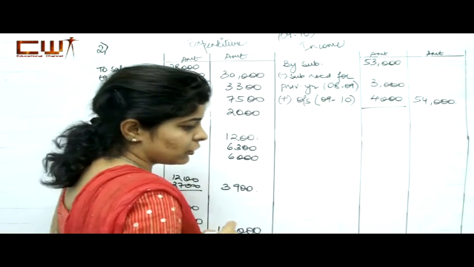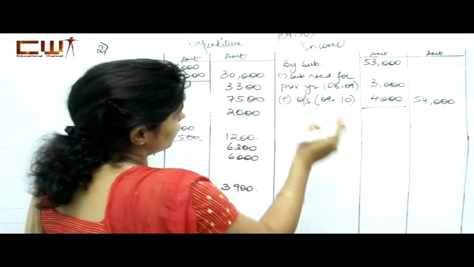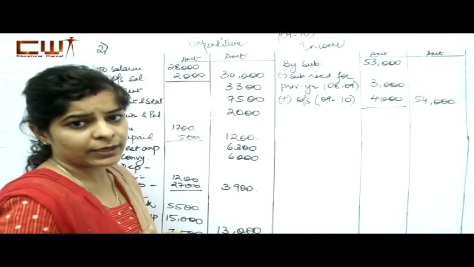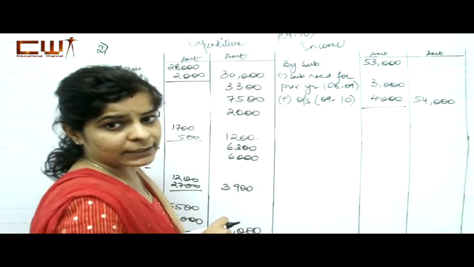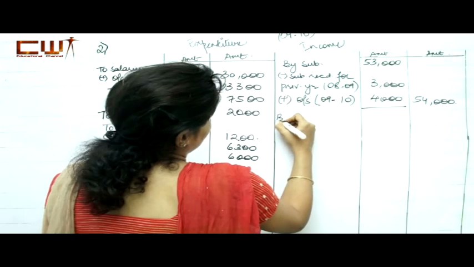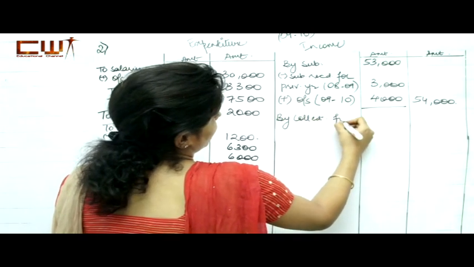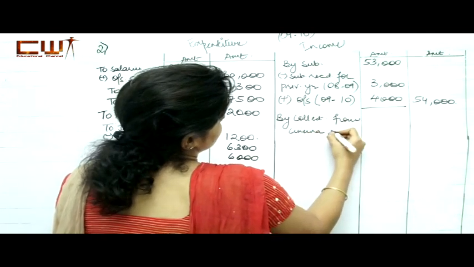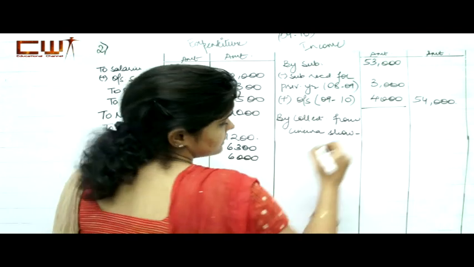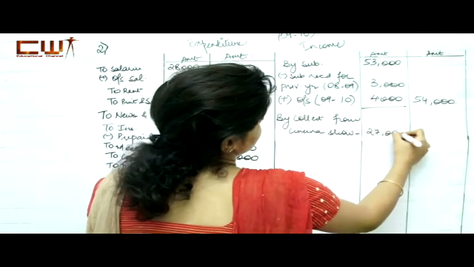Next you have the restaurant collections, but we will do the adjustments first. By collections from cinema show, how much is the collection from the cinema show? 27,000, right?